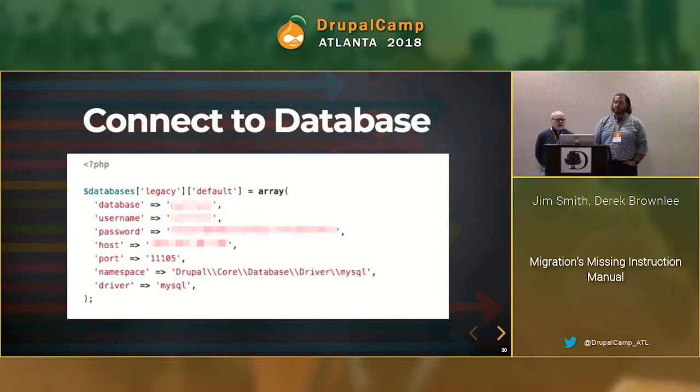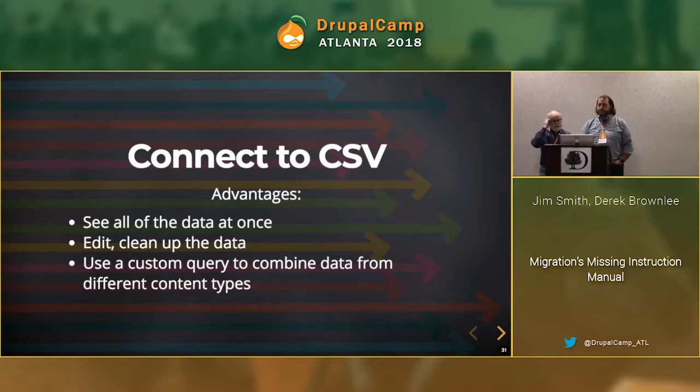In this particular case, you see that the database has been labeled legacy, and then in your YAML files which you are creating to structure your migration, you'll make sure that the legacy is identified there so that the migration knows which database to connect to get that source data. But otherwise, you're connecting to the database just as you would the site that you're creating.